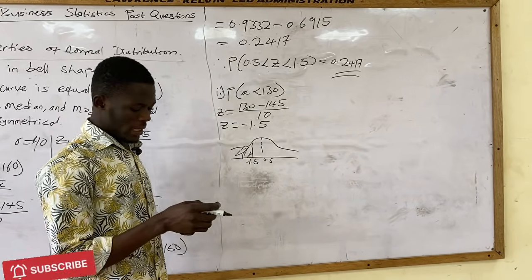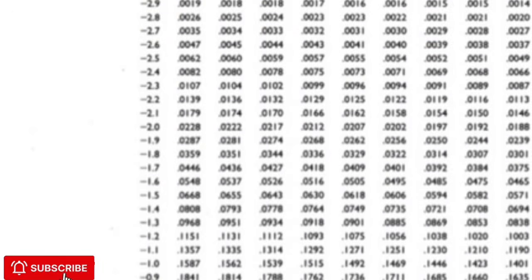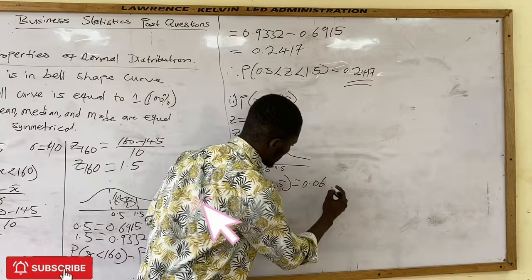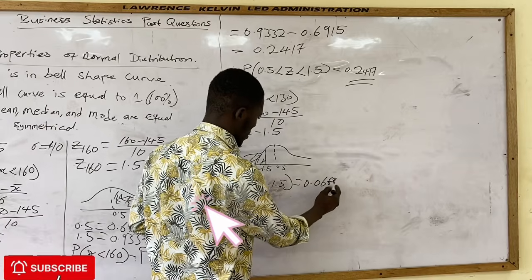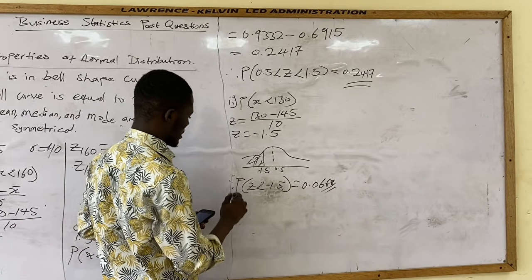If you refer this to the z-score table, we will get probability of z less than negative 1.5 is equal to 0.0668. Okay, yeah, so this is less than 130.